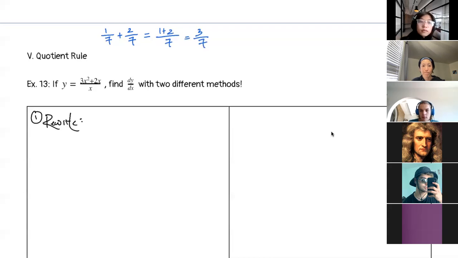Okay. So what if I said this, 1 over 7 plus x over 7? What would that be equivalent to? One plus x over 7. Great. So 1 plus x in the numerator over 7.